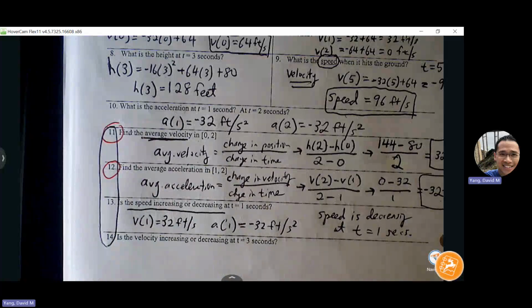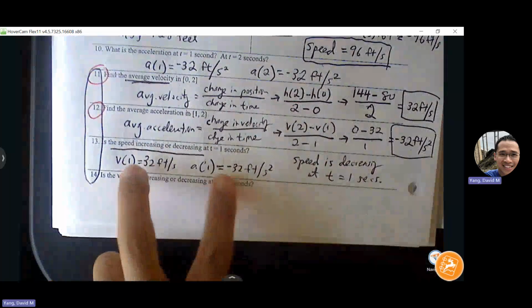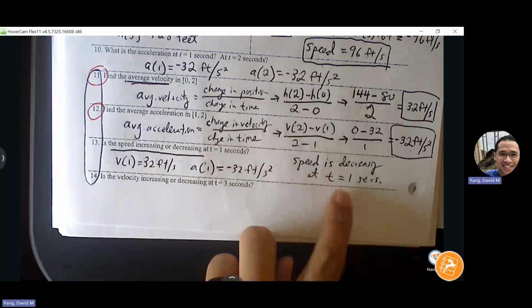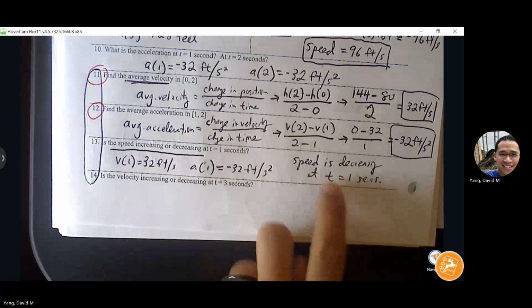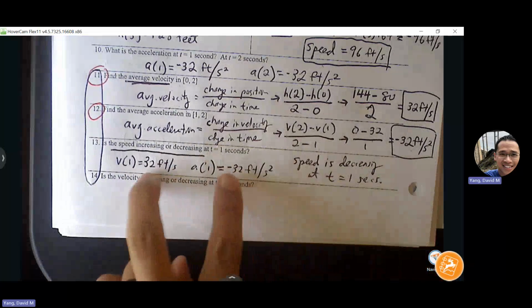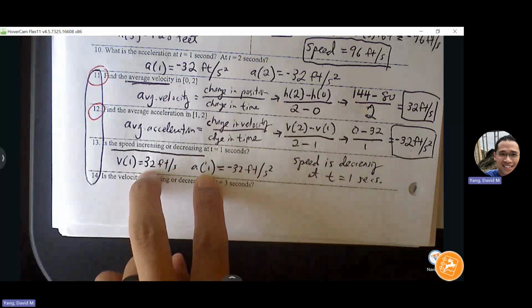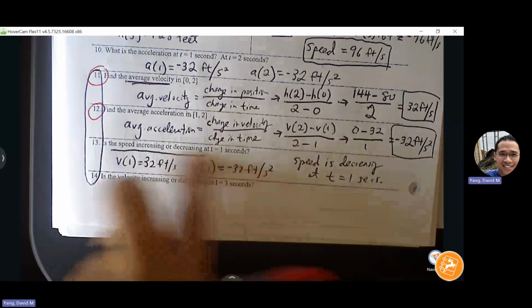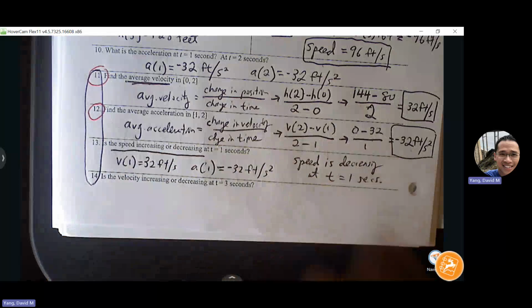Yes. Quiz, do we have to write all that out, or can we just know whether it's positive or something? I'm going to ask you to justify. You just have to say something about the fact that, whatever conclusion you come to, I want to see that you understand. You can say that V of 1 and A of 1 are opposite signs, but you have to indicate to me why you know that speed is decreasing.